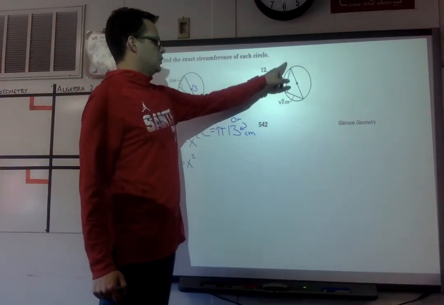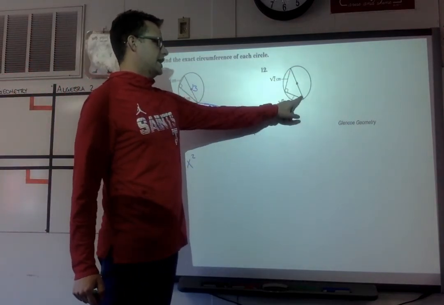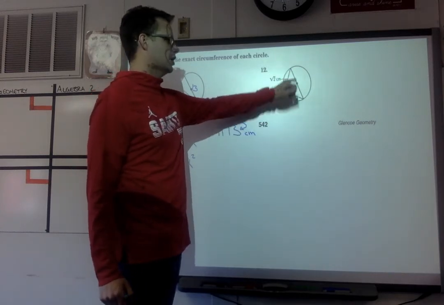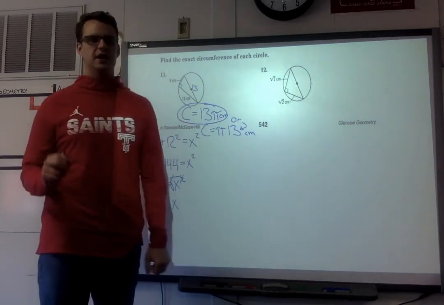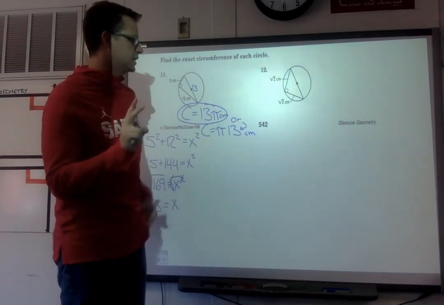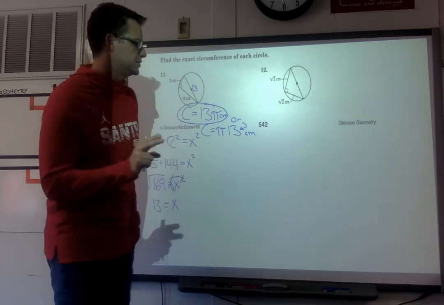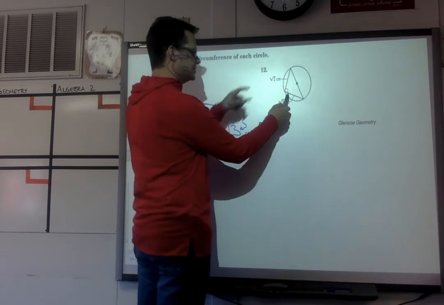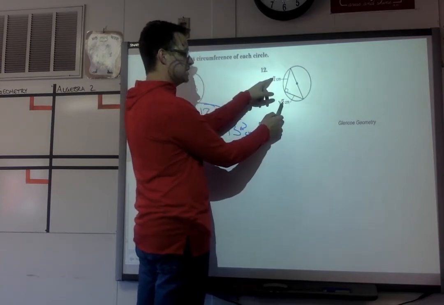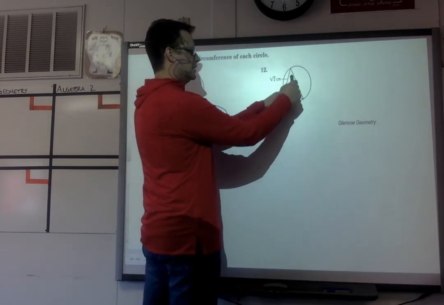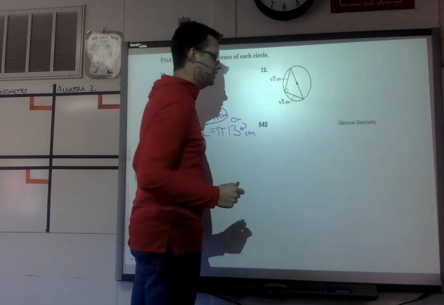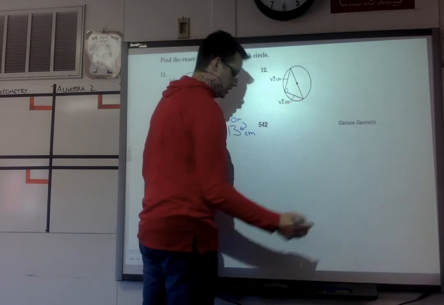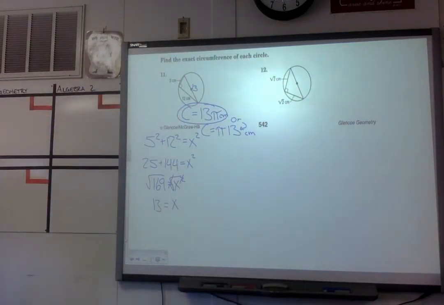This one, we need to find that hypotenuse again of the triangle in order to be able to know our diameter. Now, since it's a right triangle, there's two different ways that we can go about finding that hypotenuse here. The first way is that if this angle is 90 degrees and these two legs are both the same, they're congruent. That means the opposite angles are congruent, which means that these both have to be 45-degree angles.